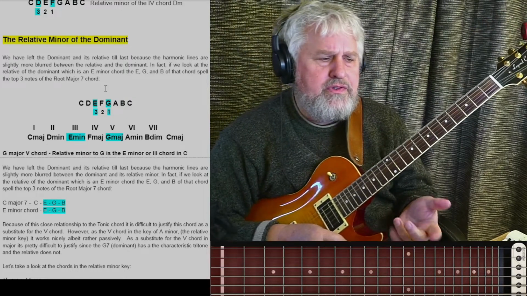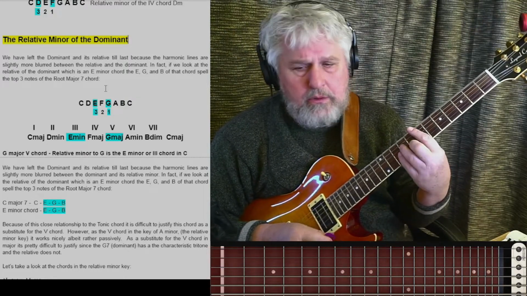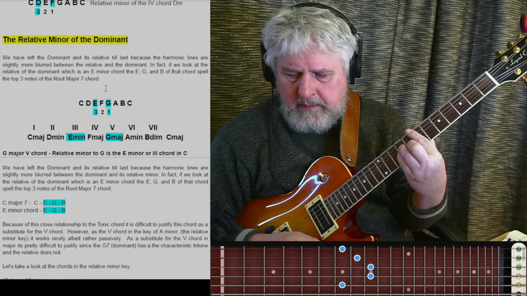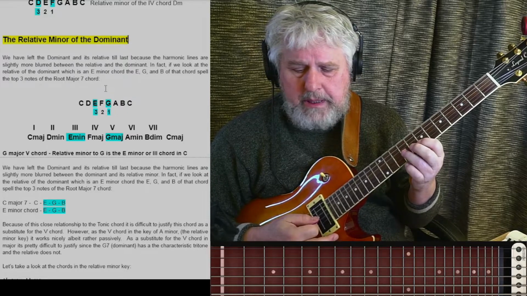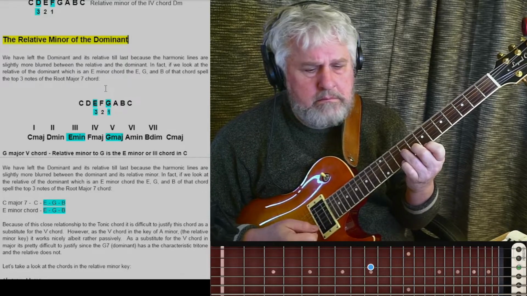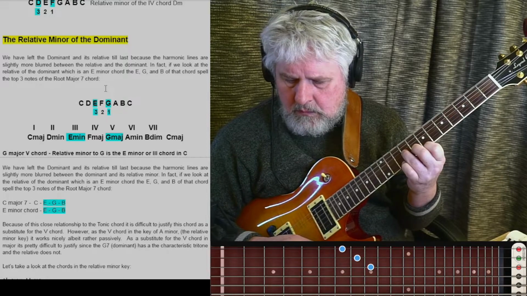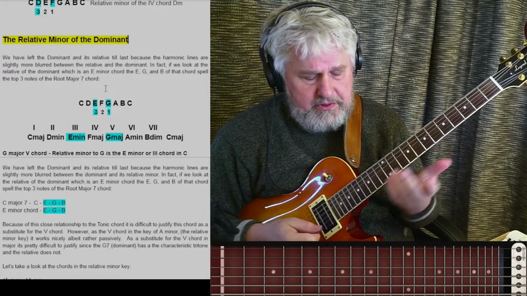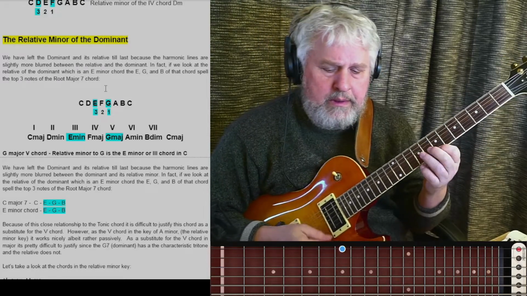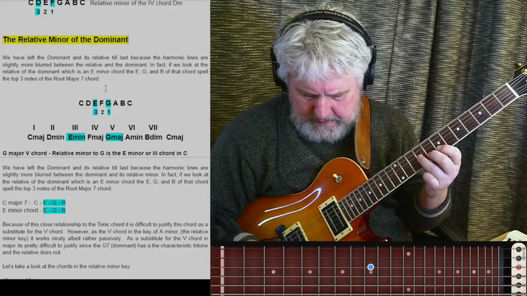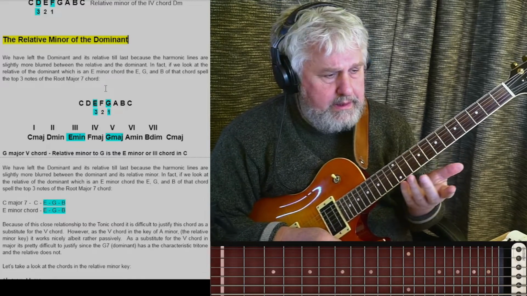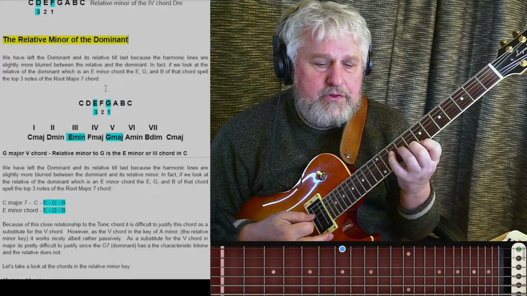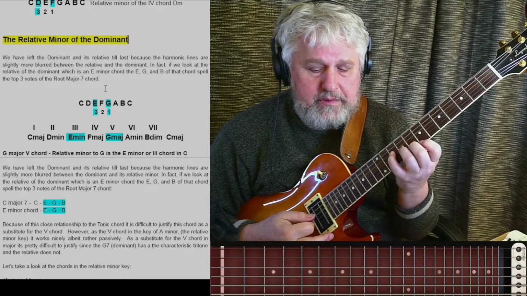So in other words, if I take an E minor chord, here's one here. And the notes of that chord are E, G, and B. And if I play a larger chord form, it's all still just the same notes, just spread around. So there's E, G, and B, but the E, G, and B are just the top three notes of a C major 7 chord.